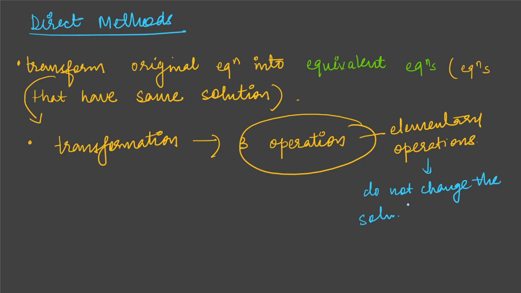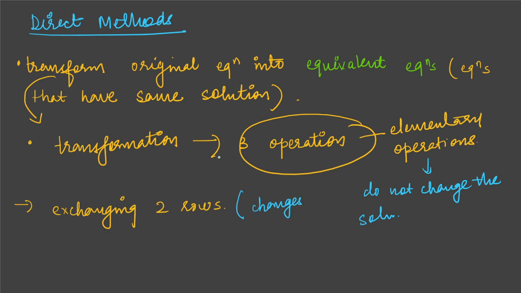Now you can see the three elementary operations. The first is exchanging two rows. We exchange two rows. Suppose we exchange R1 by R3, so the first row is going to be R3 and the third row is going to be R1. And you know that in this case, the determinant only changes by the negative sign.